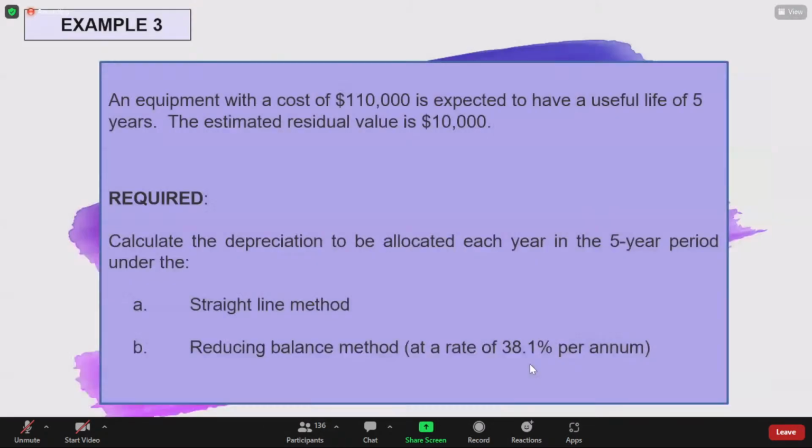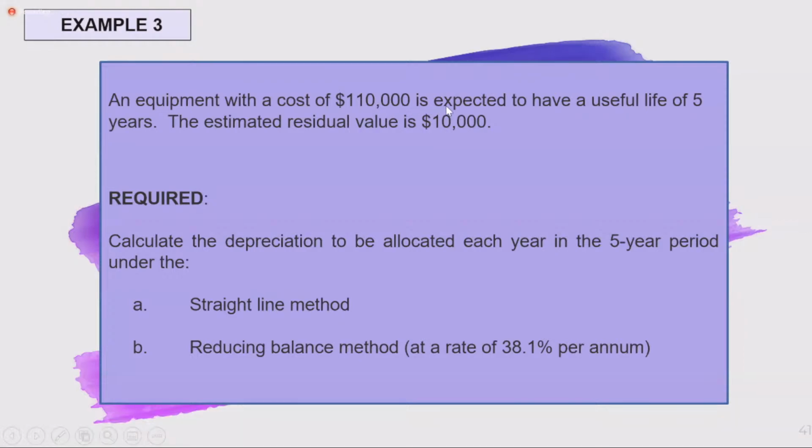Okay, for example, I have this example. An equipment with cost of 110,000 is expected to have a useful life of 5 years, residual value of 10,000. Calculate the depreciation each year in 5-year period using the straight line method for A, and then we'll go into reducing balance method for the second part.